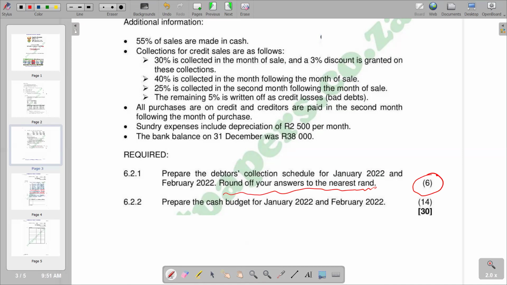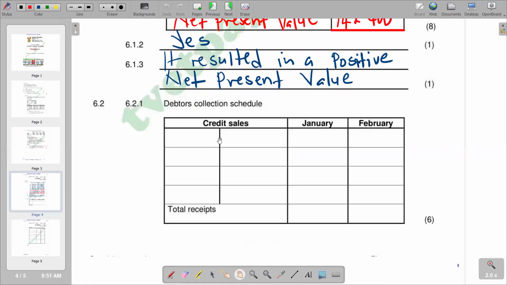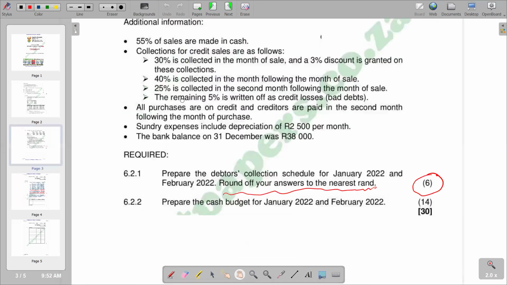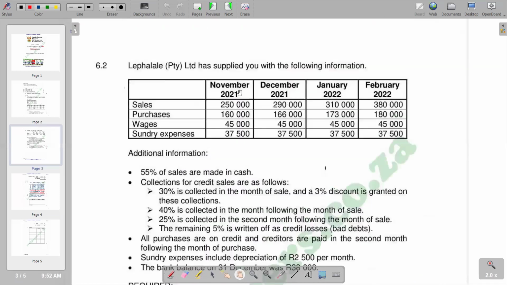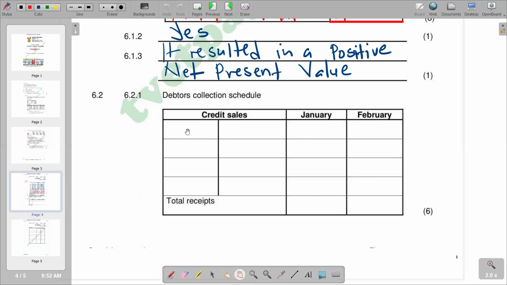So we are going to refer to our question. For our answer section, we also have the debtors collection schedule being presented. So basically, we have our months ranging from November to February. We have a column where we can list our months, that is November to February.